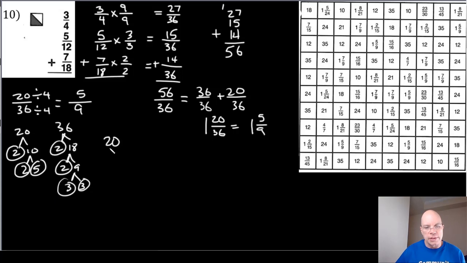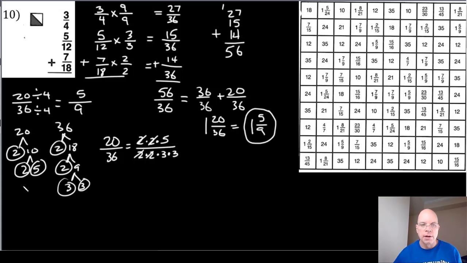So you could take 20/36 and you could substitute the expanded prime factorization for 20, which is 2 times 2 times 5, and for 36, which is 2 times 2 times 3 times 3. And then when you cancel out common factors, 2 halves is 1 whole, this 2 halves is 1 whole, you get 5 over 3 times 3, or 5 over 9. So that's another way to get the answer here.